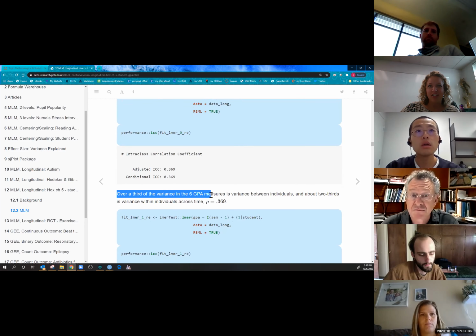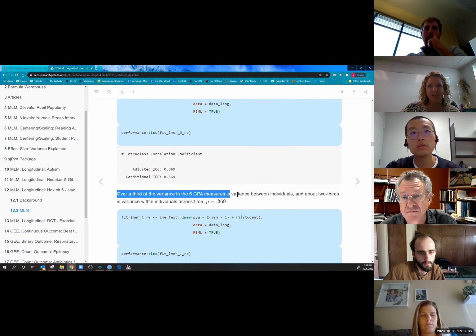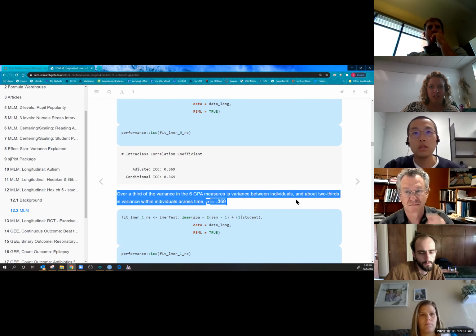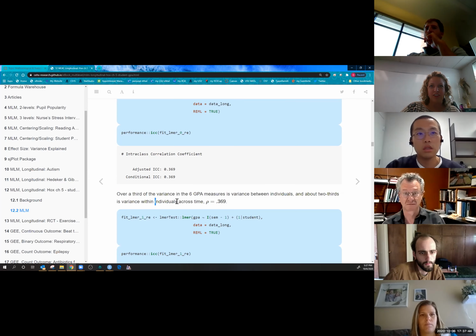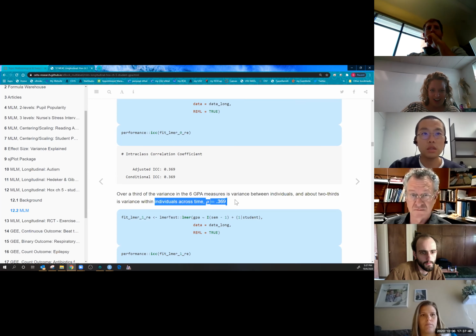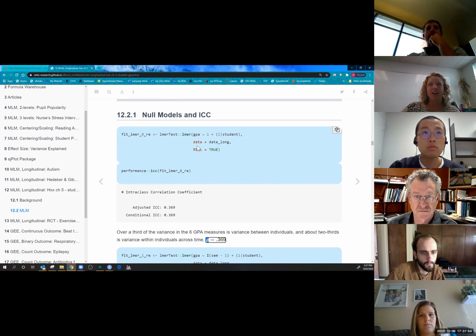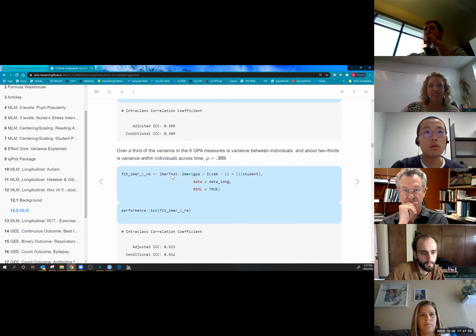Over a third of the variance in the 6 GPA measurements is variance between individuals. Two thirds of the variance then is due to individuals changing across time. And there's our little rho, because rho is the shortcut for ICC. Okay, so here I've done it with REML to get the ICC.